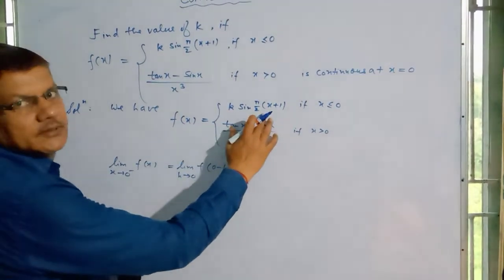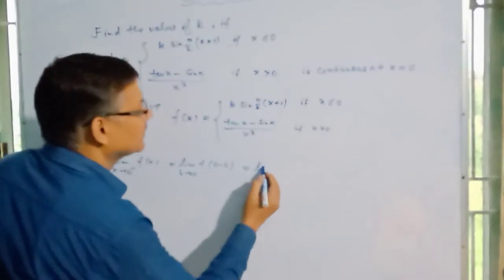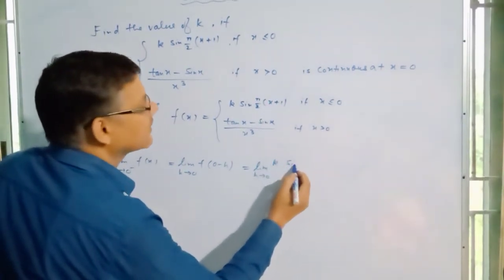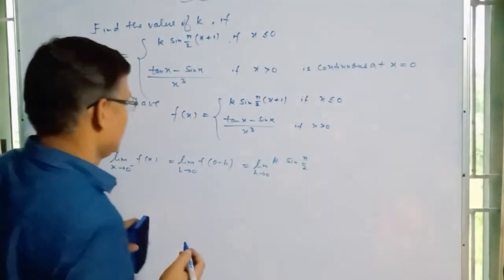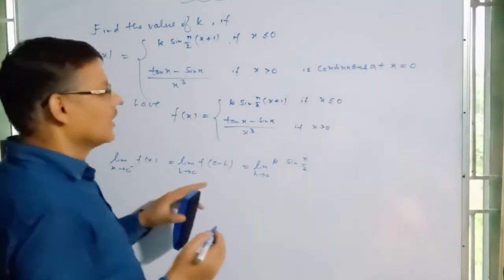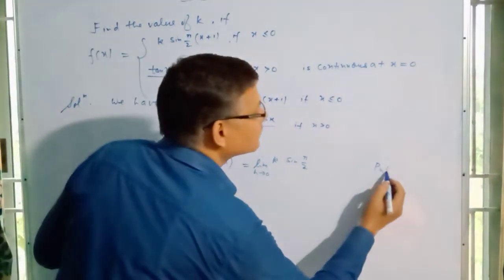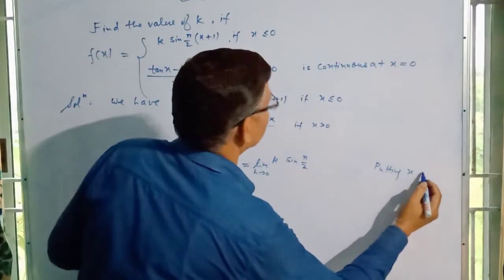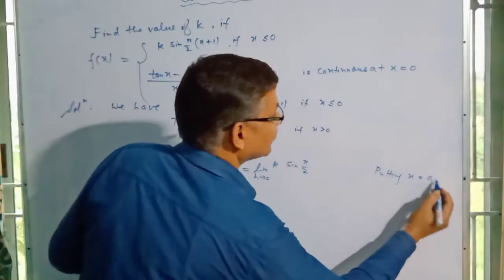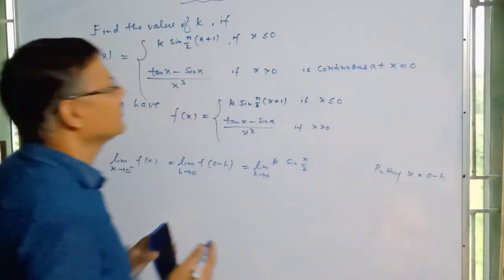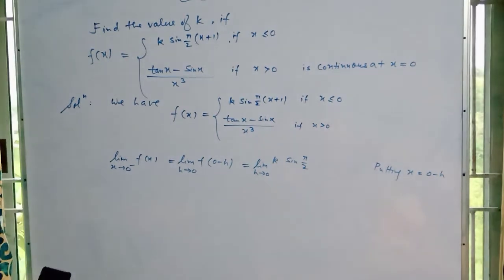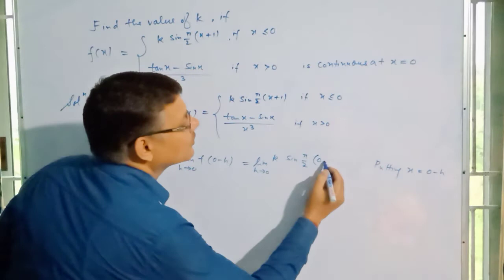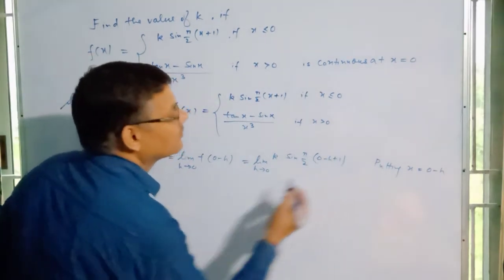So we get limit h tends to 0 of k sine pi by 2 into (0 minus h plus 1).